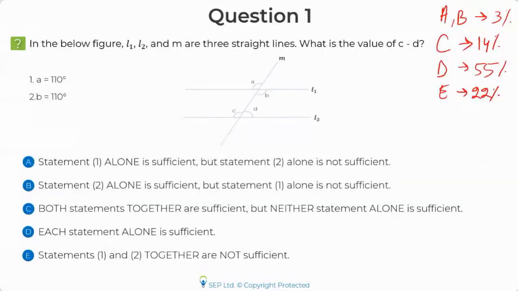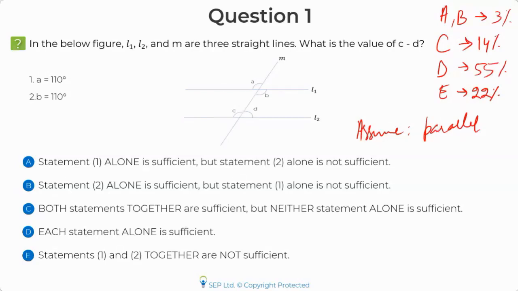Now, one of the biggest mistakes that people make in this question is that before even reading the question, they look at the diagram and start thinking that L1 and L2 are parallel lines, just because they seem parallel in the diagram.